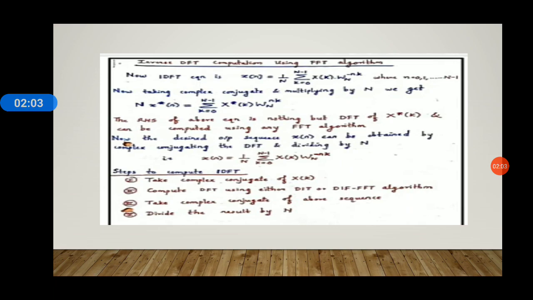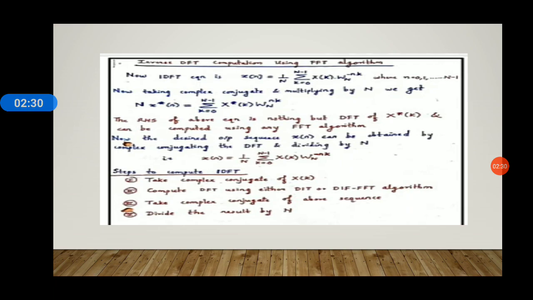As we see carefully, the right hand side of the equation is nothing but the DFT of X star[k], the complex conjugate of X[k], which we can solve using any of the FFT algorithms. So, what are the steps?